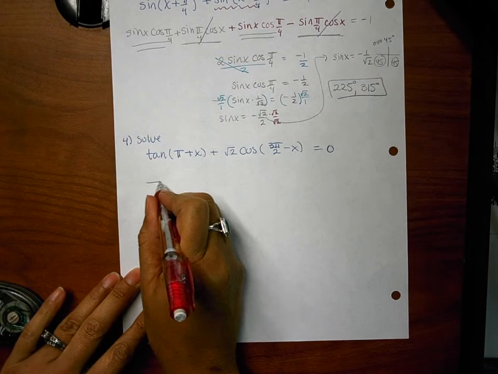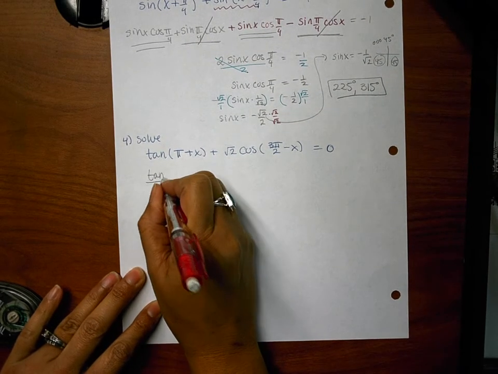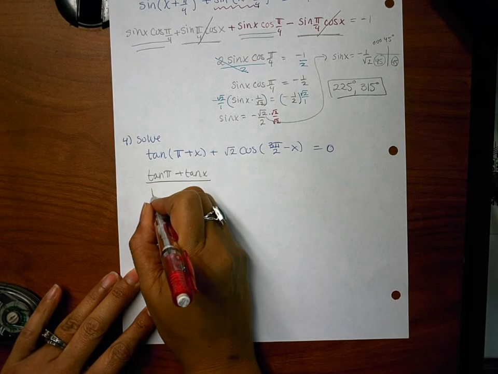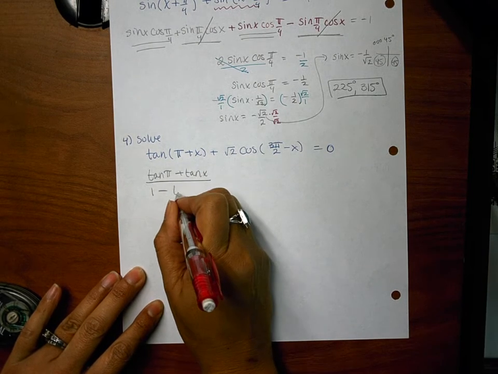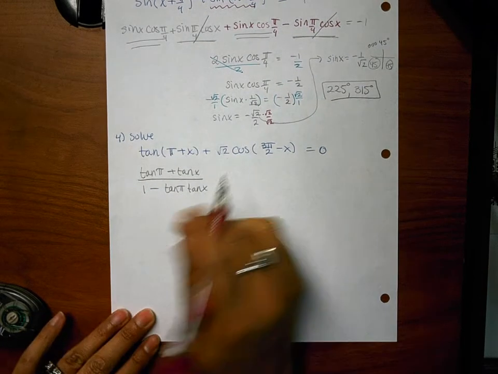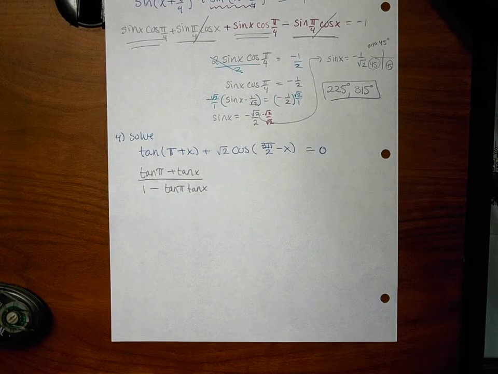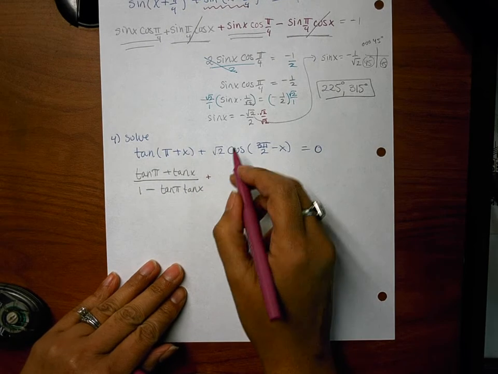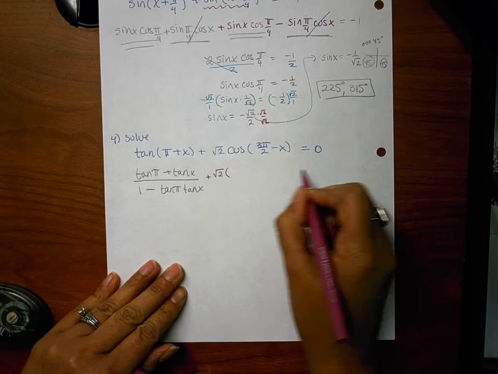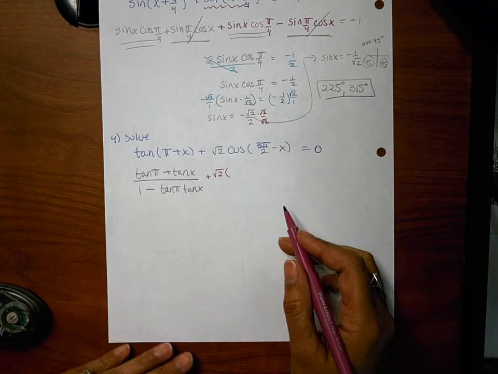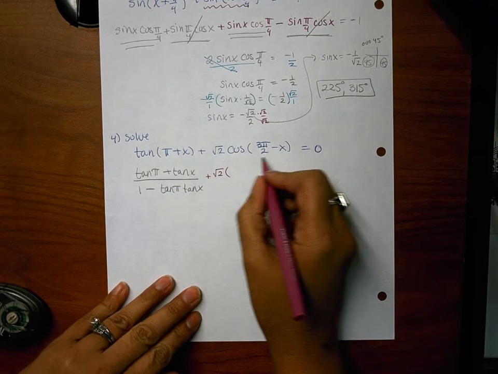Okay, so let's expand the tangent out. That's the one that expands out to a fraction. So I have tan of pi plus tan of x, and then 1 minus the product of tangent of pi and tangent of x. That's it for the tangent. I'll change colors. Plus the root 2 goes like this, root 2 parentheses, and then I'm going to expand the cosine.